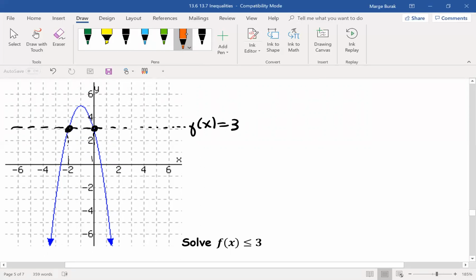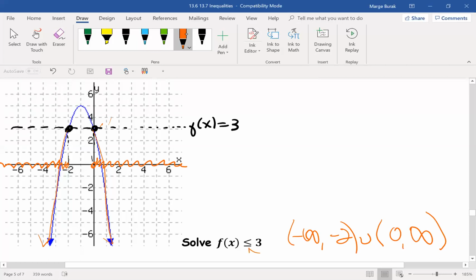So hopefully you can see that the function is less than 3 right here and right here, which means I'm going to take the outskirts of my x coordinates. Okay, so -2 and 0 are my keys. So it's going to be -infinity to -2 and 0 to infinity. And oops, I made a big mistake because it says equal to.